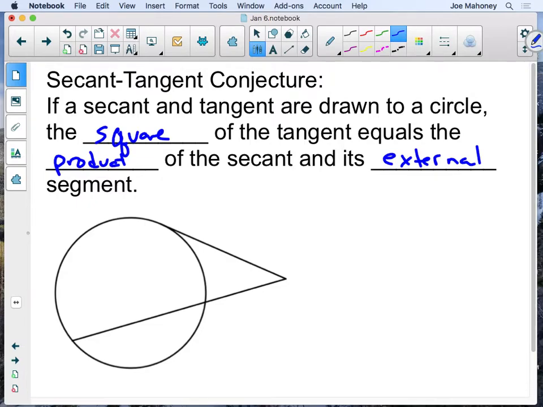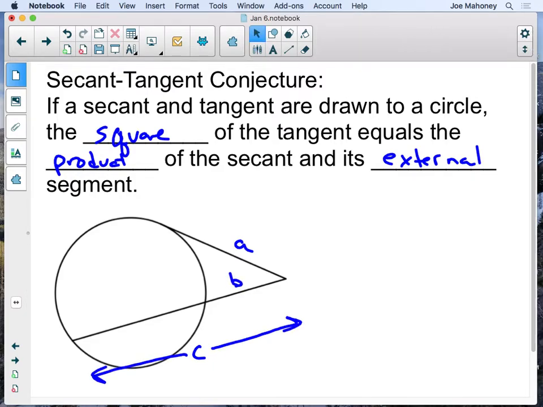Let's call the tangent's length A. And let's call this outside piece here B. But let's call the whole length C. So I'm actually going to do this. Let's throw the B up in there. And let's throw the C up a little bit more.